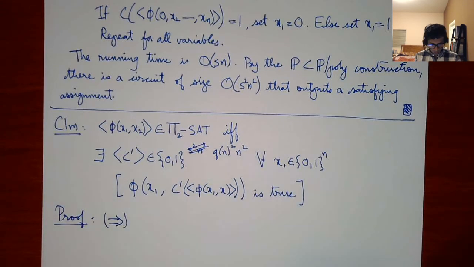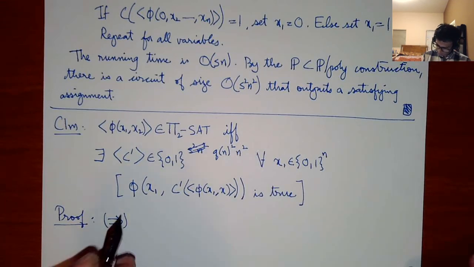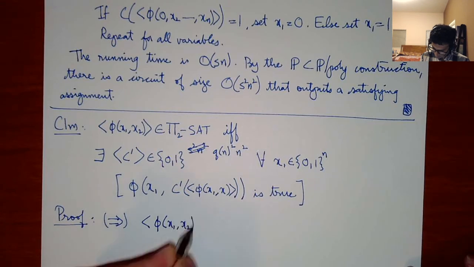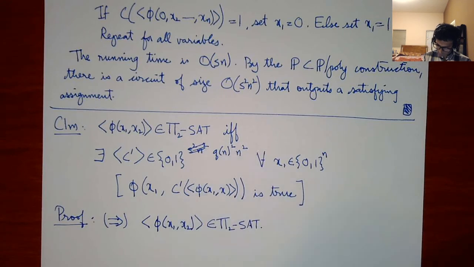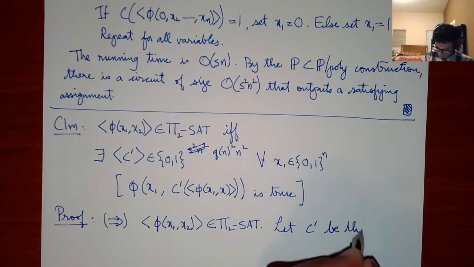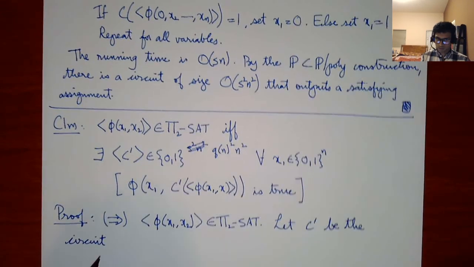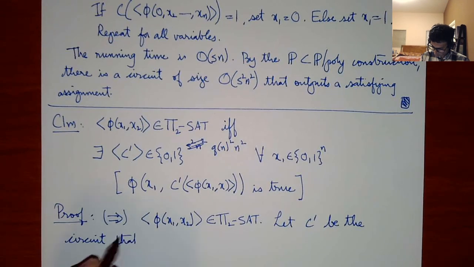So the forward direction, and this is going to be the easy part. So phi of x1, x2 is in pi 2 sat. Let C prime be the circuit that outputs a satisfying assignment.